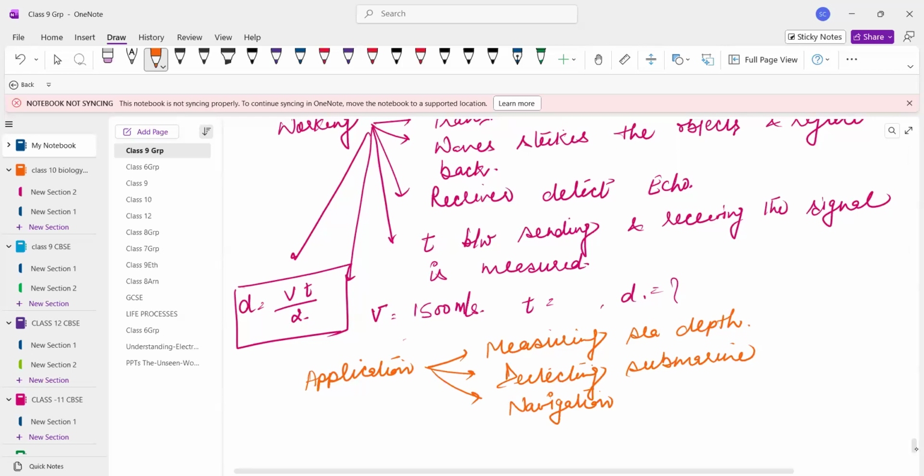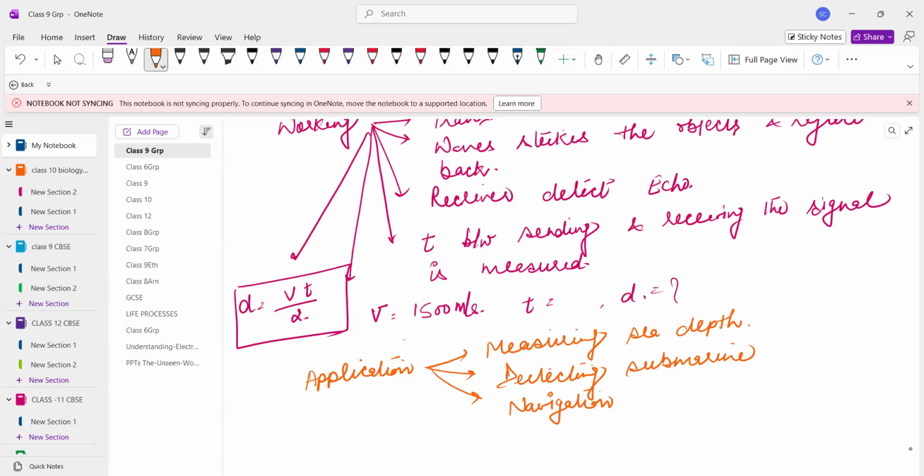Sonar is very useful and advantageous for all these purposes. We can find the depth even if there is a very large underwater distance. It's very accurate for navigation, for research, and for finding any object underwater.